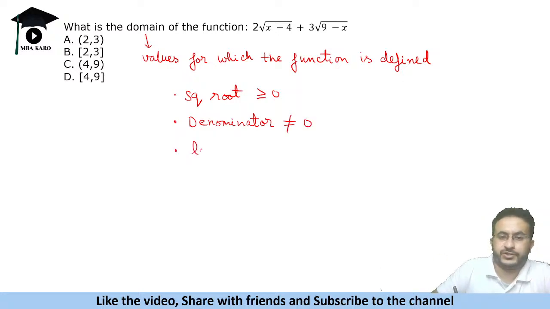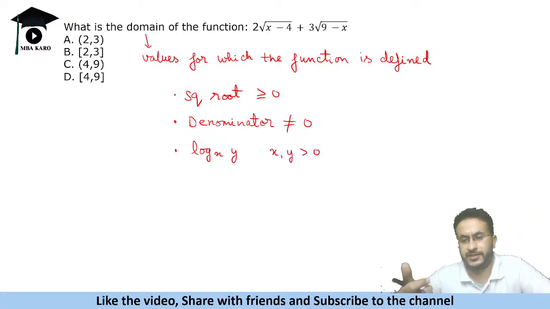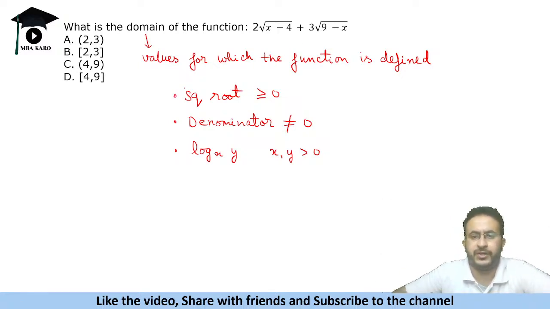And in case of log x, x should be greater than zero. So these are functions where contradictory things can happen, right? So the square root should always be greater than or equal to zero.